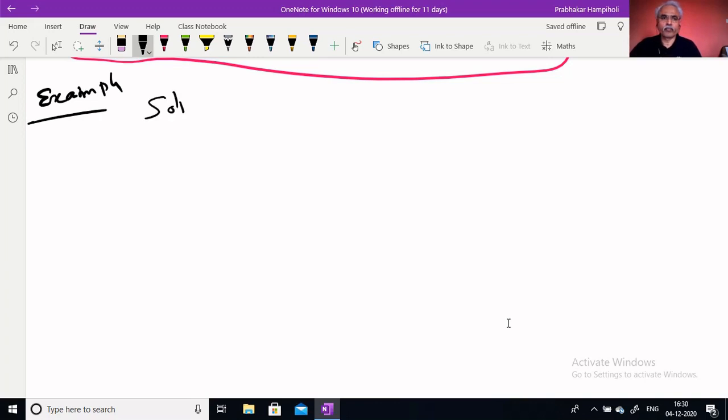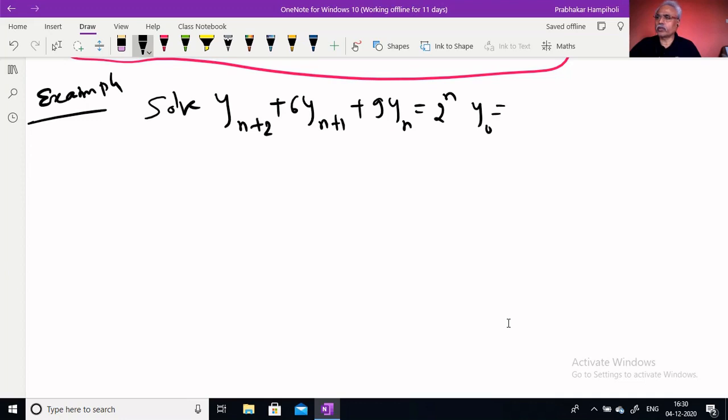Solve y of n plus 2 plus 6 times y of n plus 1 plus 9 times y of n equal to 2 raised to n, with y0, y1 both zeros. So if I apply z transform, this is the first step.